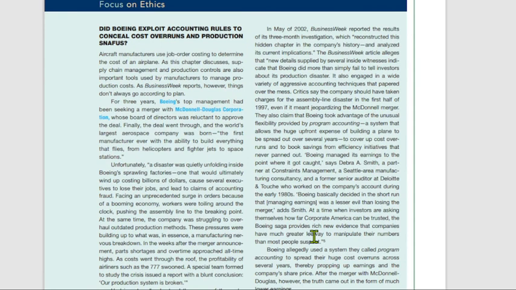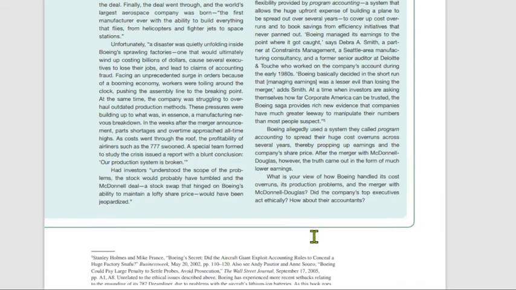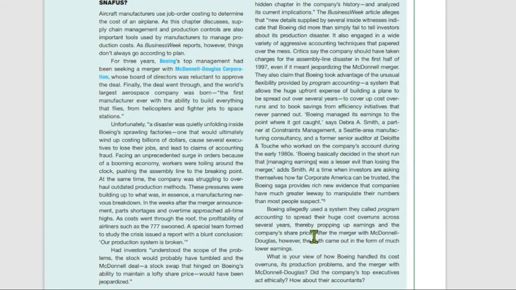Okay, I just want you to read the ethics case related to Boeing and make a quick analysis of how Boeing allegedly exploited the accounting rules to conceal cost overruns and production snafus on its system. So, just to give you a brief backgrounder about this, si Boeing kasi yan yung gumagawa ng mga eroplano.